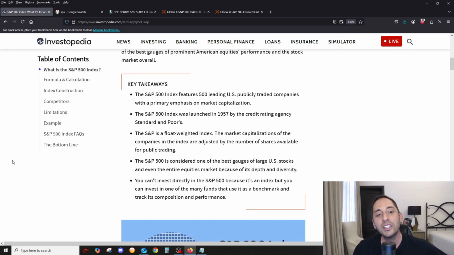So hopefully now when people say the market, or sometimes it's just nicknamed the S&P or the S&P 500 index, you know exactly what we're talking about. It's really 500 leading US publicly traded companies, with the bigger companies making up the biggest percentage. So it's a great way to think of the entire US stock market. It's diversified. It has a bit of everything in terms of sector.